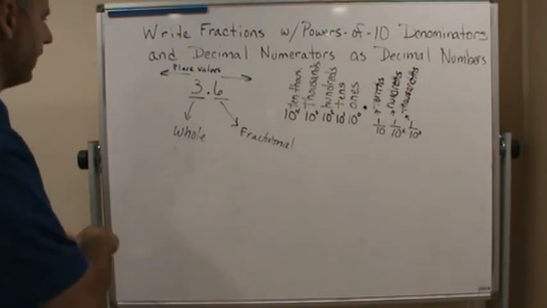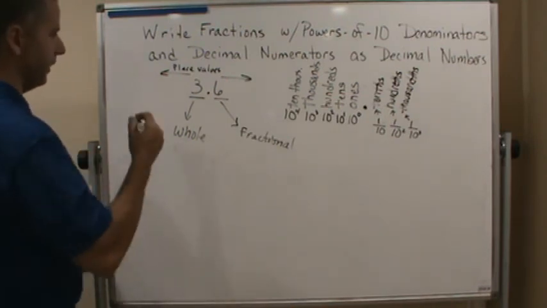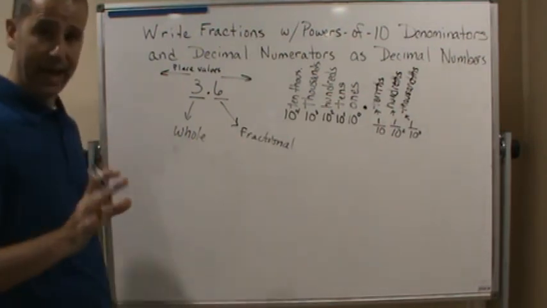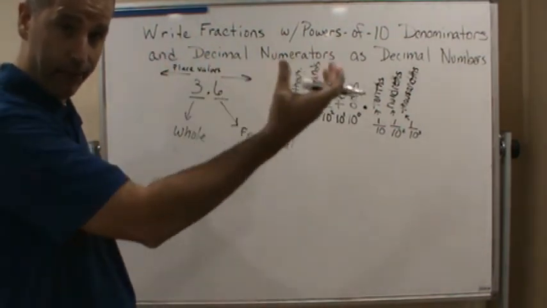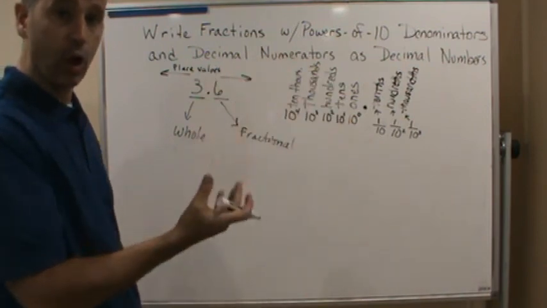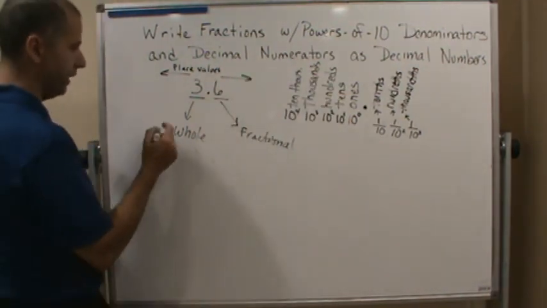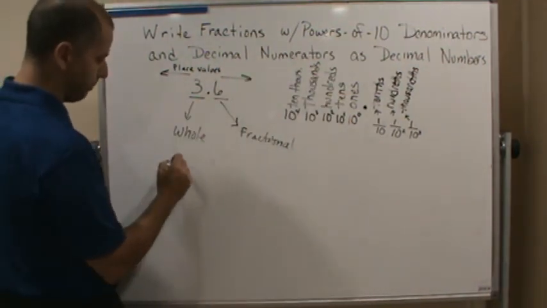Oh, by the way, another thing: any number that has a whole part and a fractional part is what we call a mixed number. So this would be an example of a mixed number.